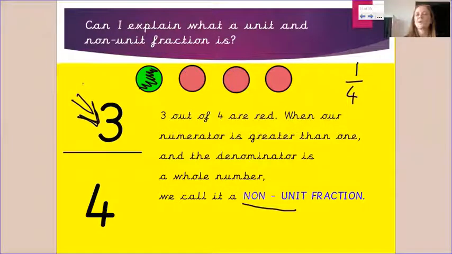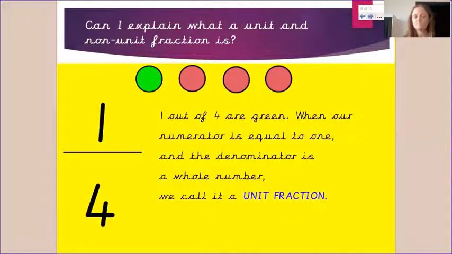So it can be 2, 3, 4, 5, 10, 15, anything that is greater than 1, and the denominator is a whole number. And we call that a non-unit fraction.